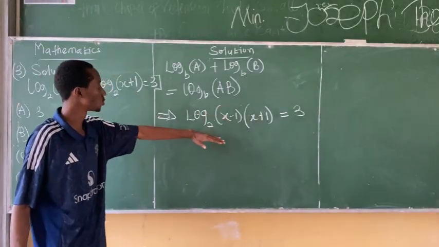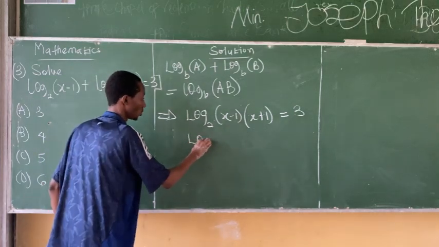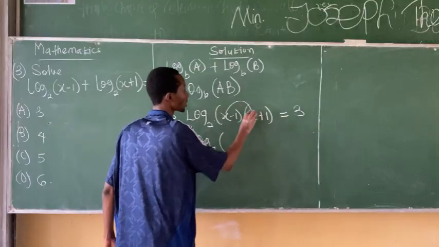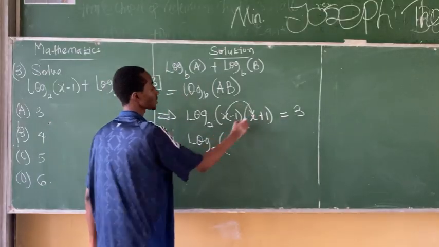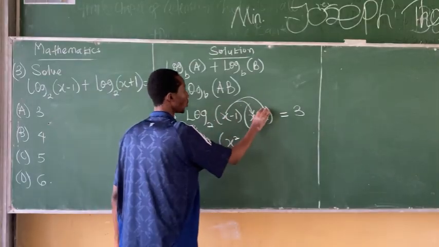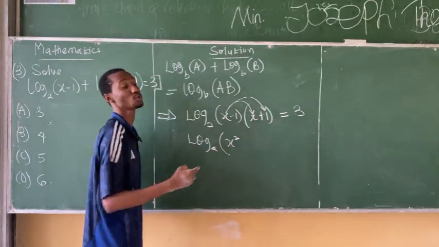Now we have gotten to this point, we expand this bracket. We have log 2. If we expand this bracket, x times x, we have x squared. X times 1 will give us 1x, which is the same thing as x.